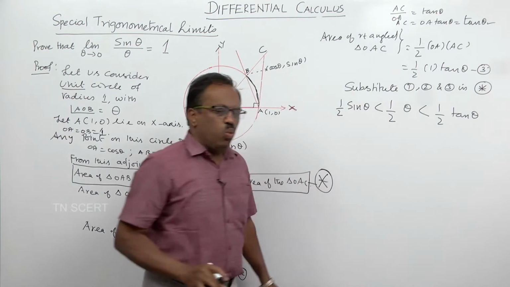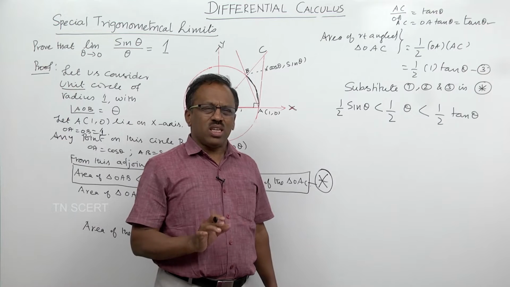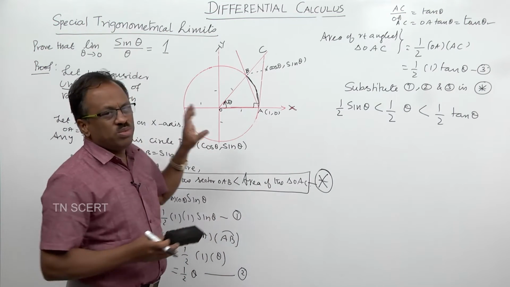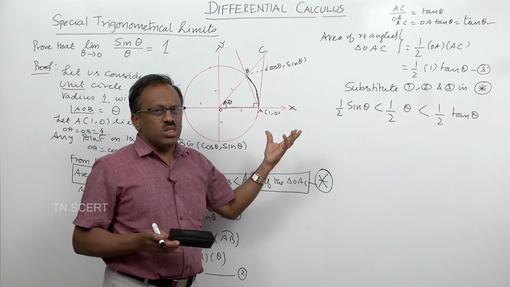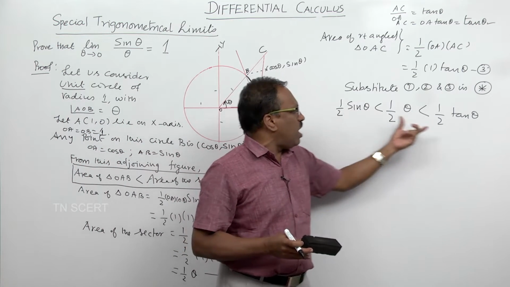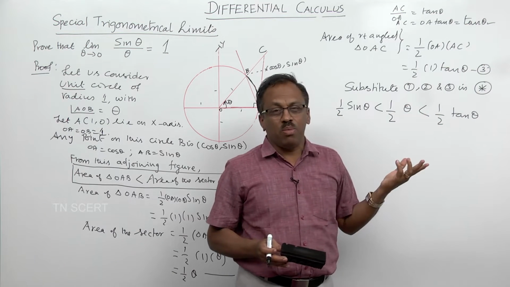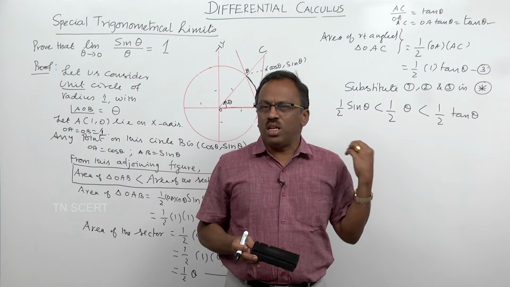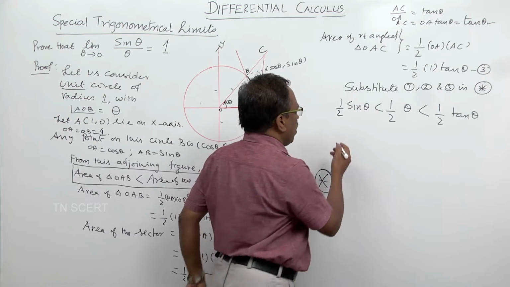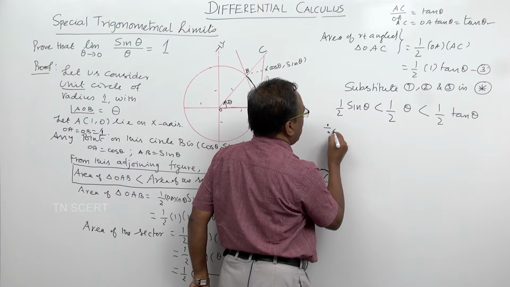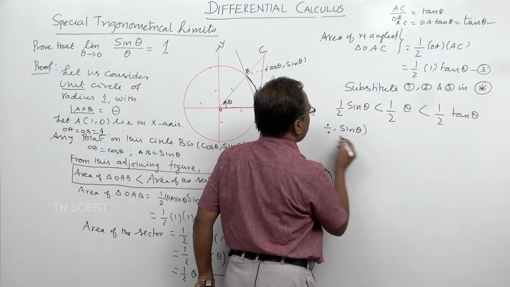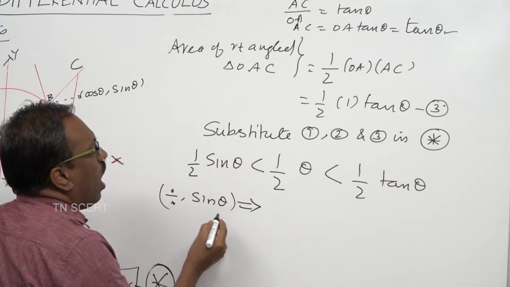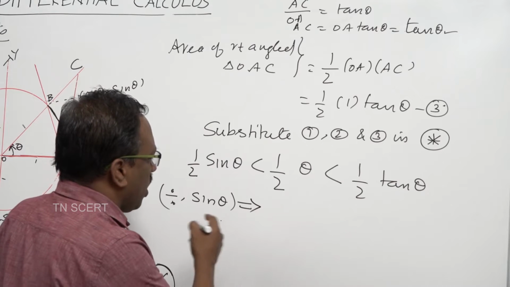So, everywhere I wish to divide by sin theta. Why? Because we want to prove this result. We wish to prove this result, but here there is a sine, here there is a sine, here there is no sine, even though the value is not there. So, we can divide it. So, that means, divide by sin theta everywhere. That means here, the half is also getting cancelled.